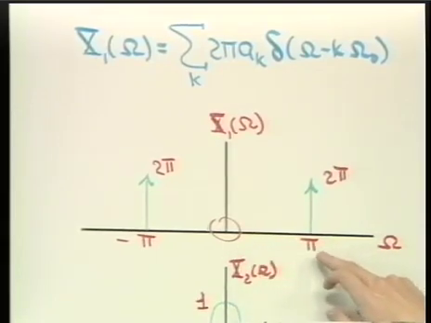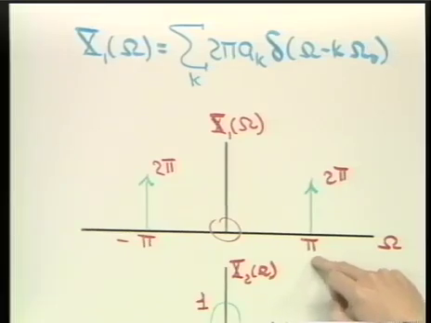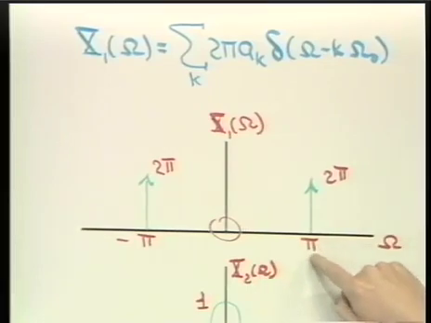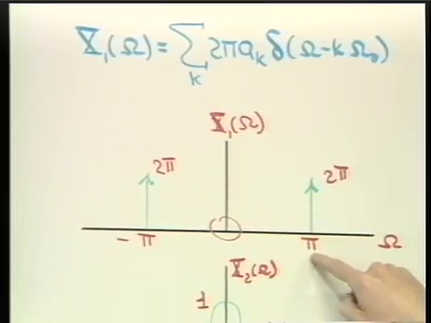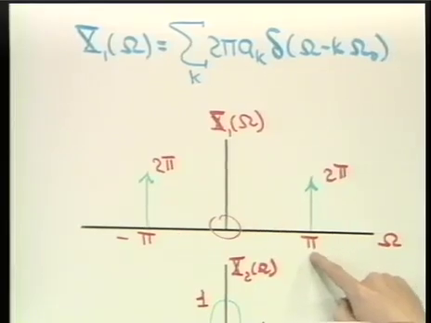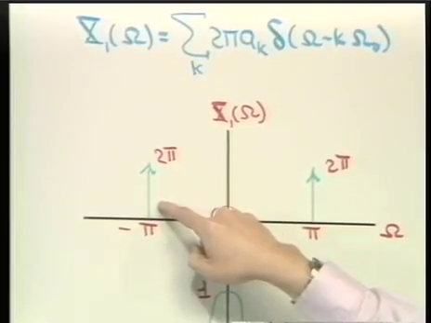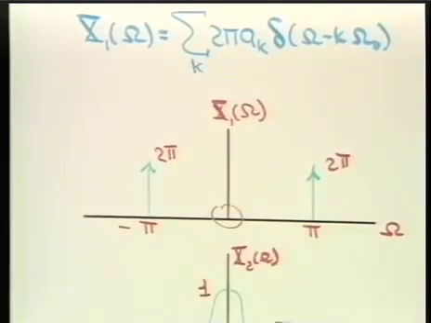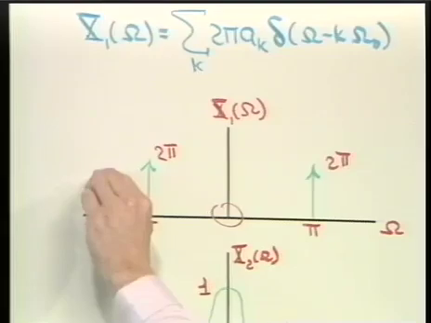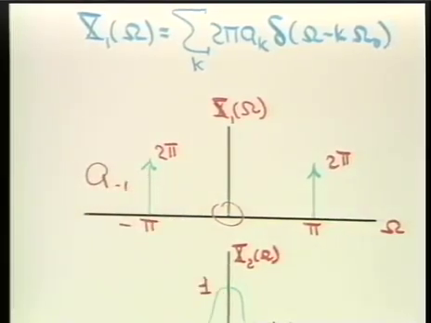We have the coefficient a1, and the coefficient a1 occurs at a frequency which is omega 0, and omega 0, in fact, is equal to pi, because the signal is e to the j pi n. Well, what's this impulse over here? Well, that impulse corresponds to the Fourier series coefficient a sub minus 1.